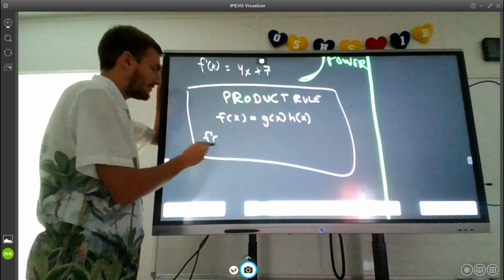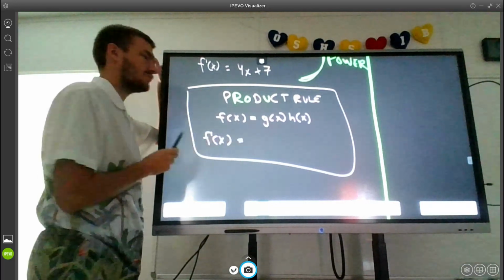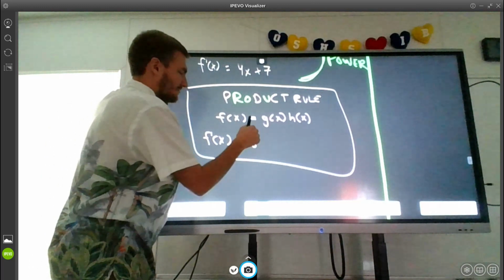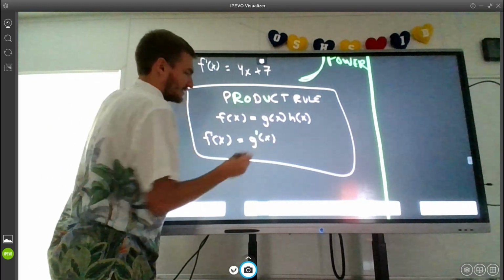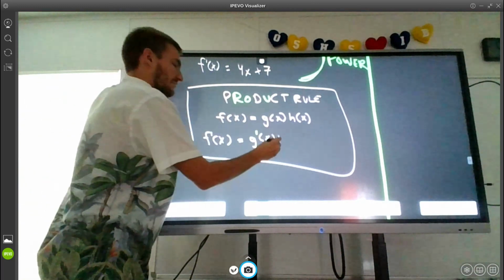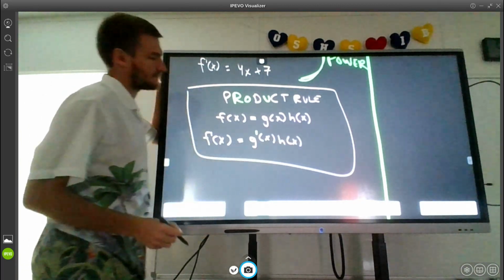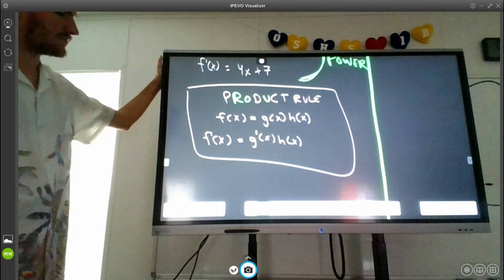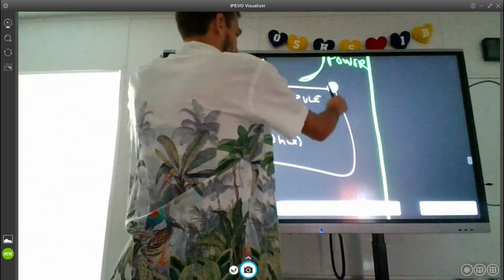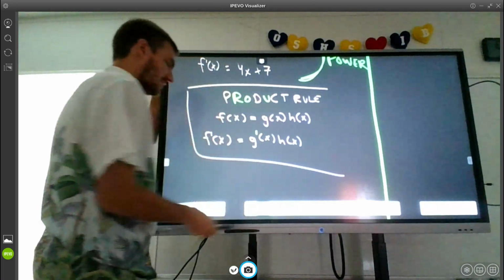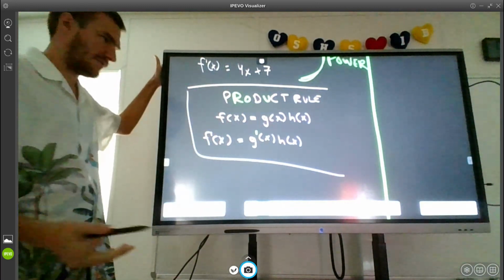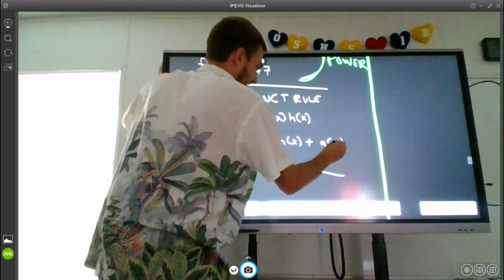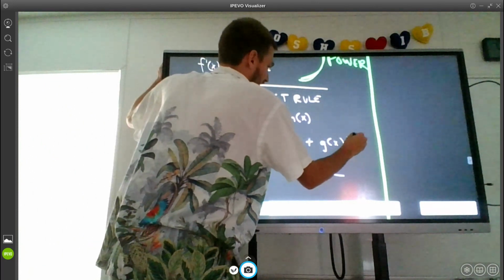Then f prime of x is going to be equal to g prime of x times h of x. Okay, so we just want to take the derivative of only the first one, that can't be right, plus g of x h prime of x.